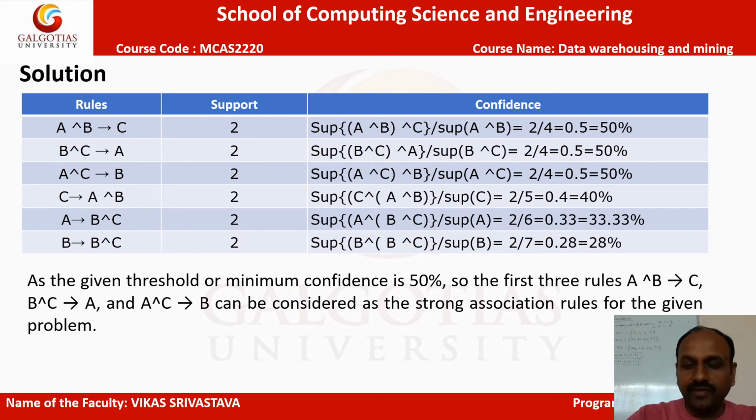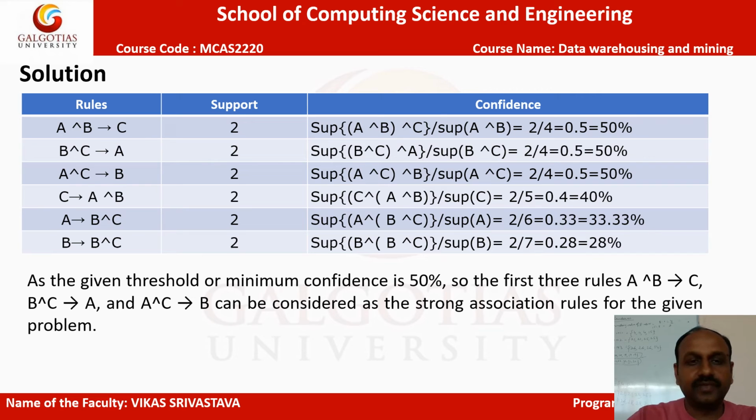So we are having an AB value 4 and the support value of ABC is 2. So the value is coming 2 by 4, that is equivalent to 0.5. If we convert it into a percentage, that becomes 50%.